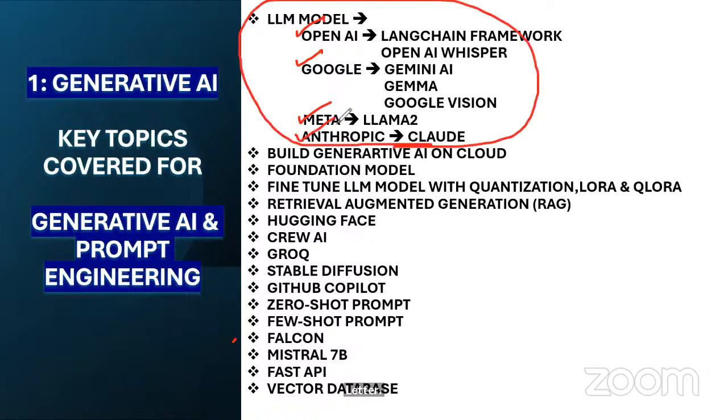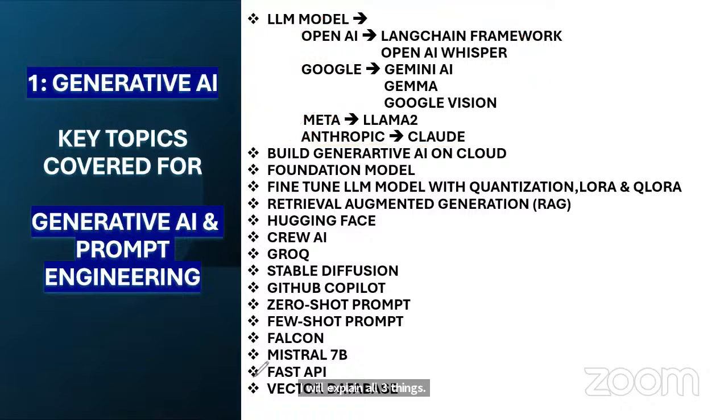Anthropic, Claude. Okay, these four topics. These are side headings, guys. Build generative AI on cloud. You know what is cloud? GCP from Google, Amazon, and Azure, Microsoft. So foundation models, fine tuning LLM models. I'm going to make one workshop on this.